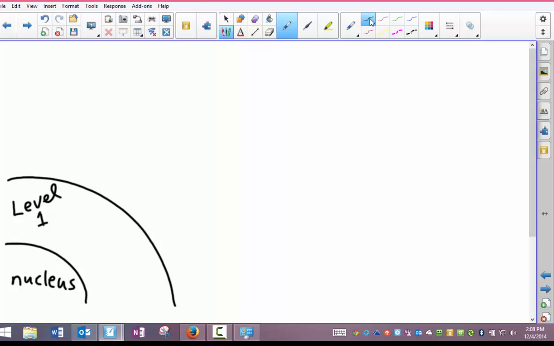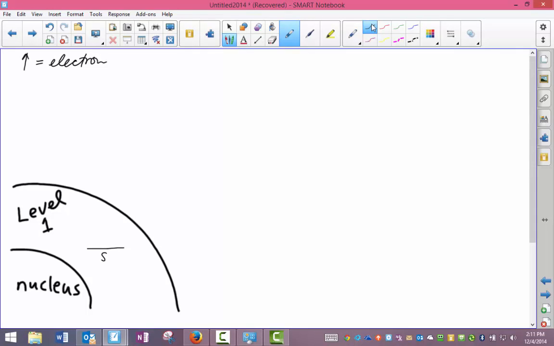In level 1, remember, we can find one sublevel, and that sublevel is called S. In this diagram, an arrow is going to equal an electron. We had originally stated in our previous slide that the S sublevel can hold 2 electrons. We're going to find those 2 electrons right here in the first level, the S sublevel.